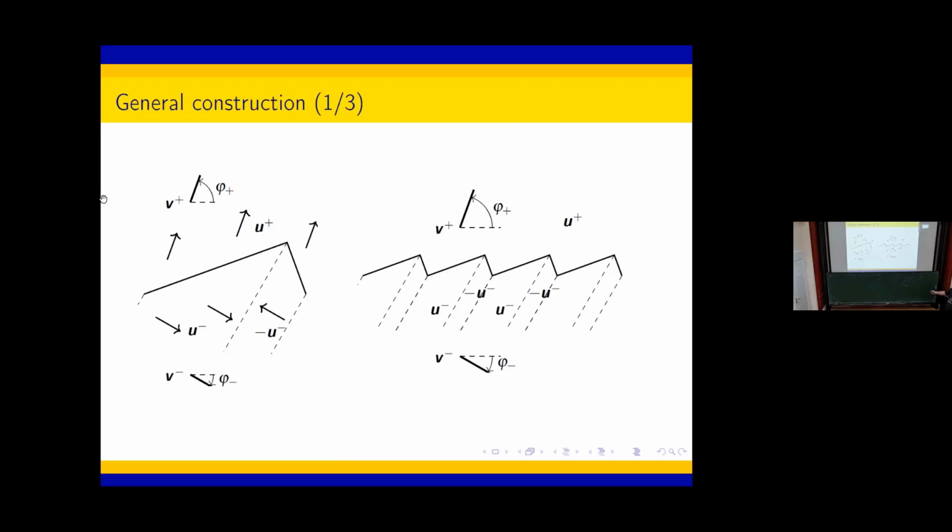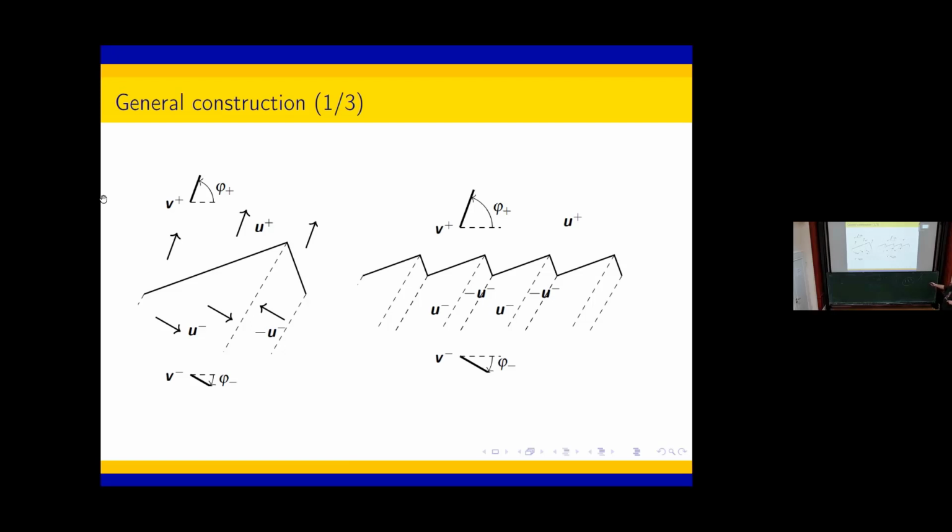So I have two orthogonal non-zero vectors, and they span R2. So I can make, for example, here I will produce the horizontal jump. So I repeat the sawtooth construction.